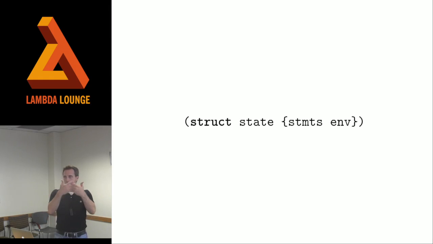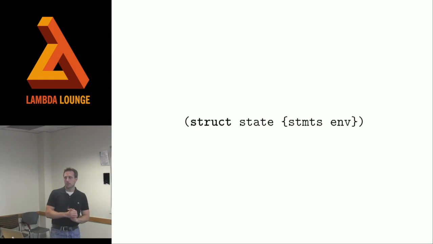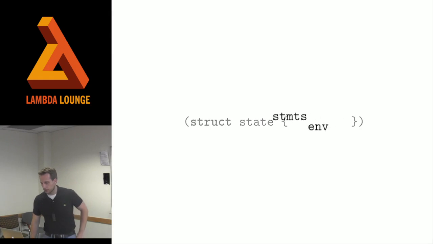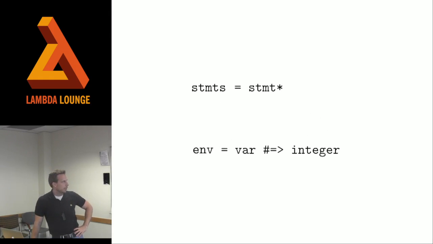It's wherever we happen to be inside the program, plus wherever we're headed next, as well as a hash for the environment. So we're going to use a very simple eq hash, which is a fast hash in Racket, that will map us from a variable to the integer to which it's currently bound. And then again, statements are just a list of statements.